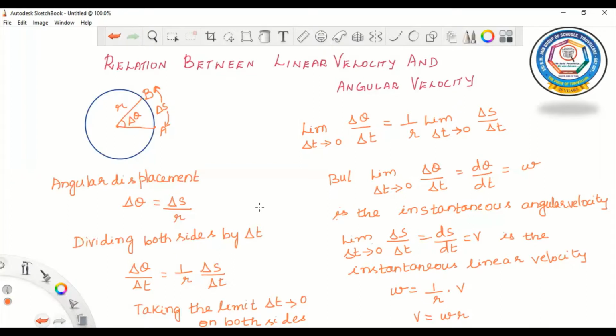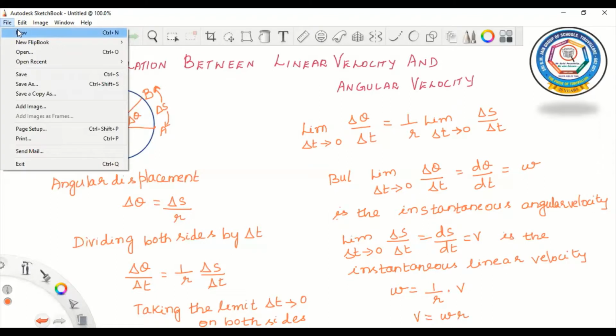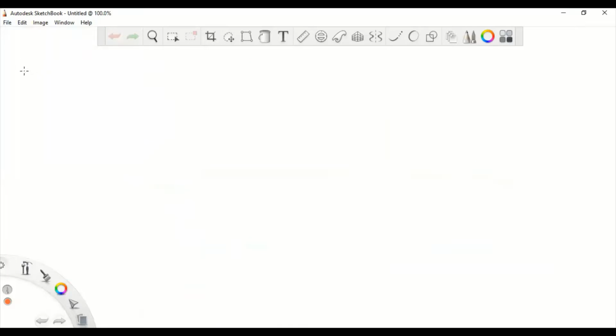Let me write this in vector notation also. So in vector notation, how can you write this relation? Let me write once again here, children. We got v is equal to omega into r.